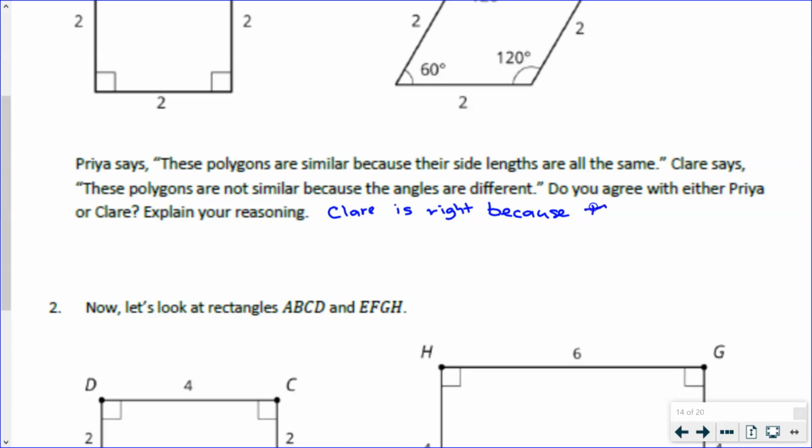We are writing this down. If the angles were the same, then we probably could say that they are similar. Correct. Claire is right because these are not similar since the angles changed.